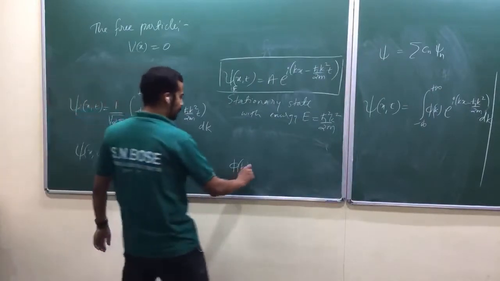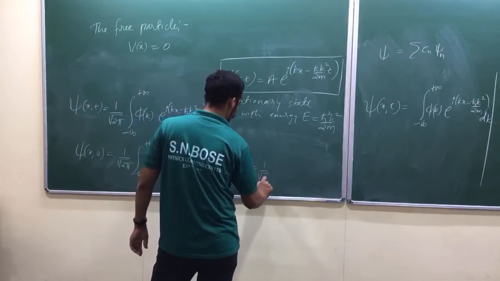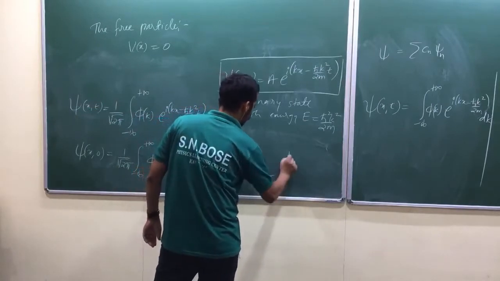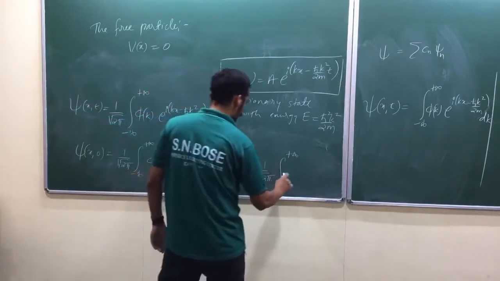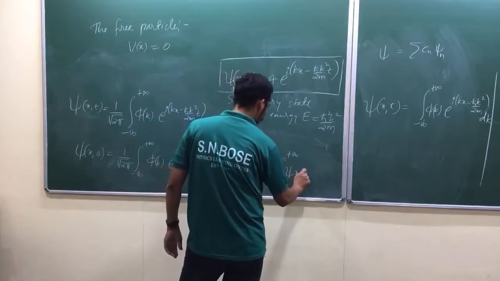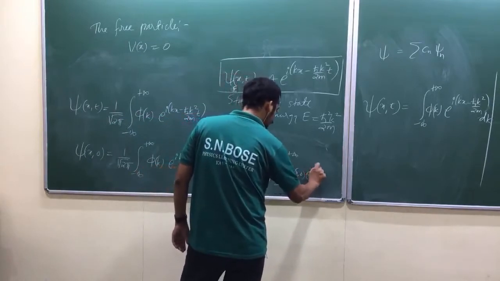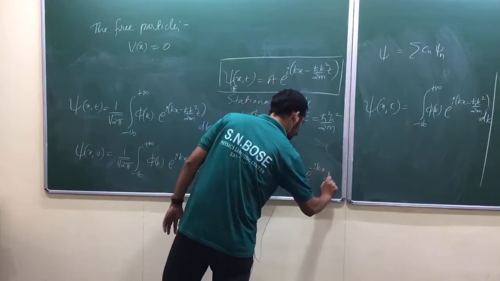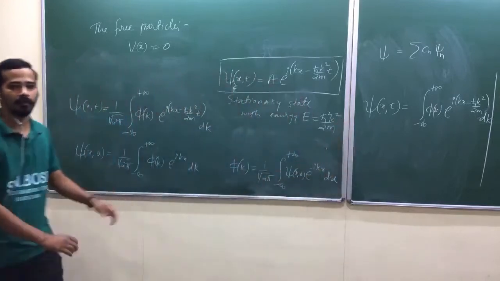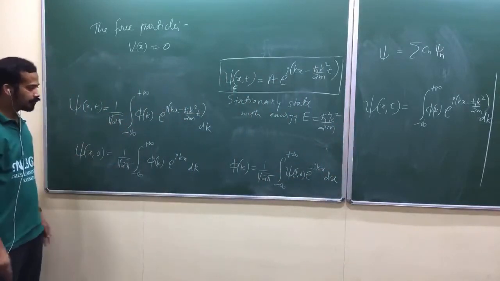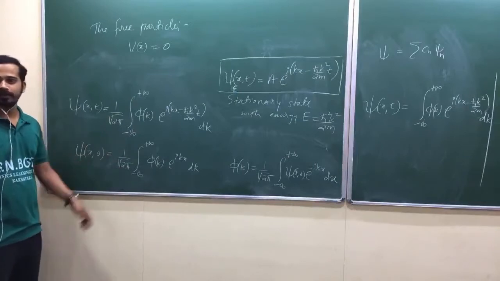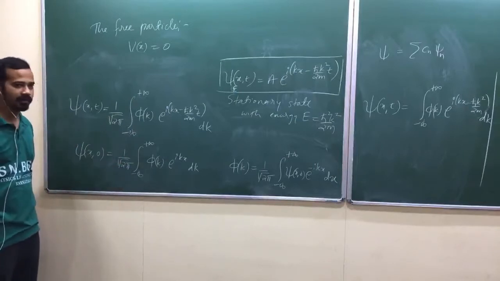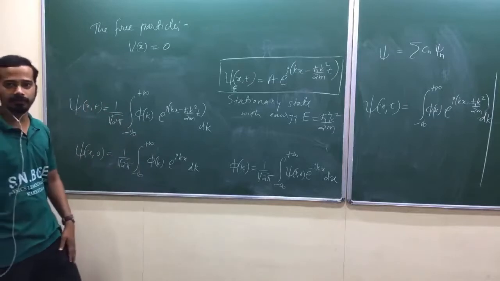Now phi of k is equal to, that is the inverse Fourier transform, minus infinity to plus infinity, psi of x comma 0 e power minus i kx dx. Now you will definitely get confused between the pure mathematics definition and the physics definition. Isn't it? There it was very different.